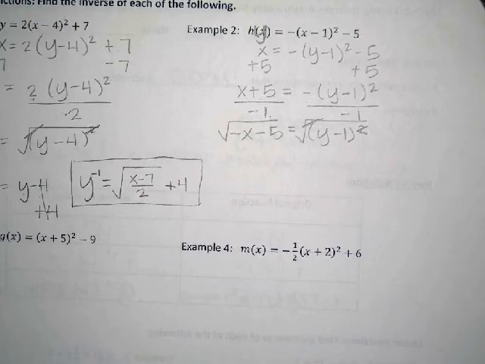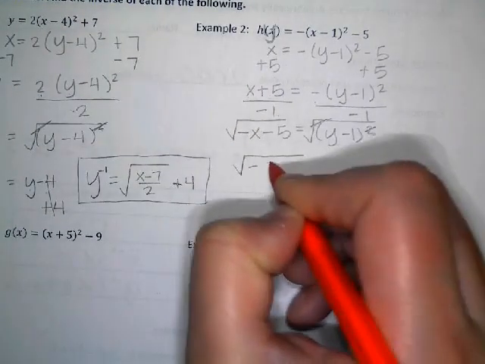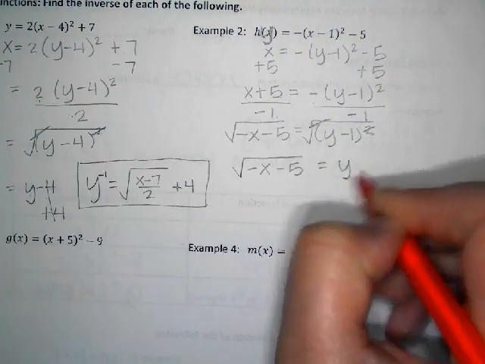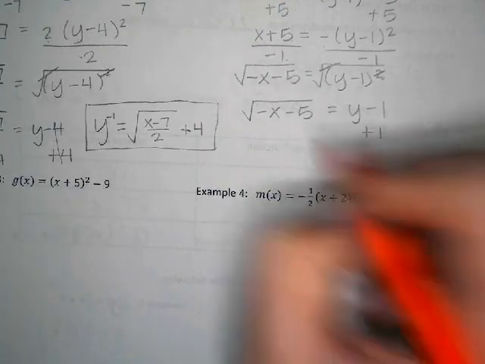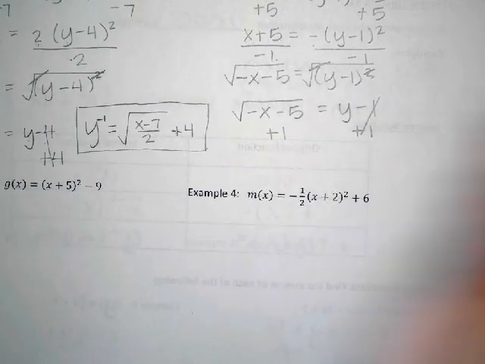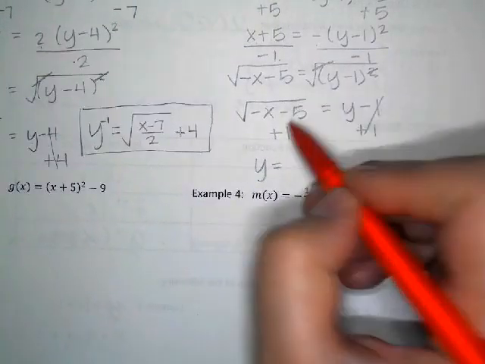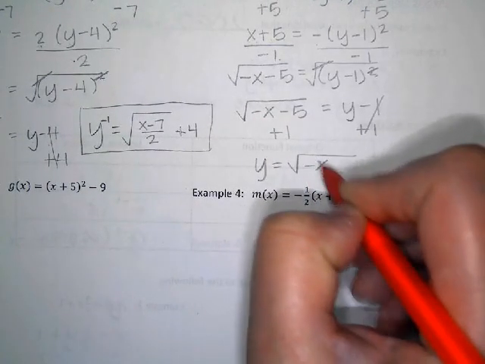Negative x minus 5 equals y minus 1. How do we get the y alone? We're going to plus 1. And at this point, our y is alone. We've got y equals that square root, negative x minus 5. The plus 1 happened later, so it's outside the square root.